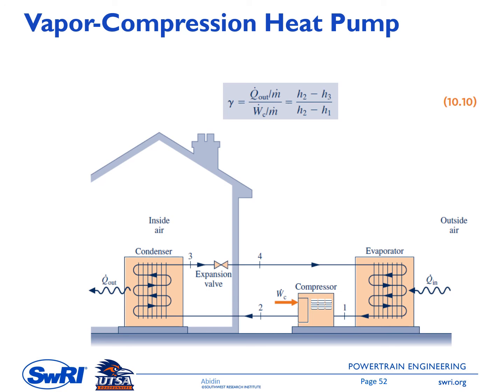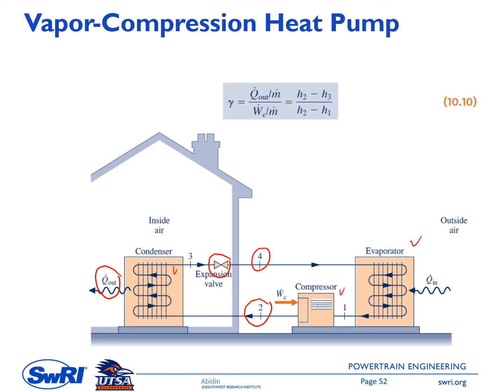So the evaporator is outside of the house now, and then we have a compressor here, and the working fluid flows inside the house, where we have a condenser. There will be heat transfer from the working fluid to the air inside the house, and then it flows back through the expansion valve, and then we have point number 4 here, and it flows back to the evaporator.